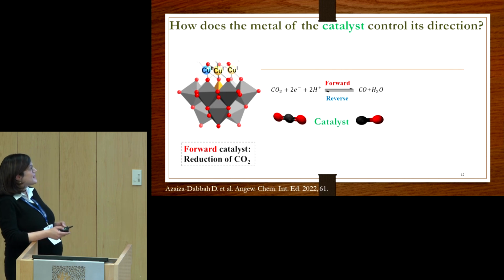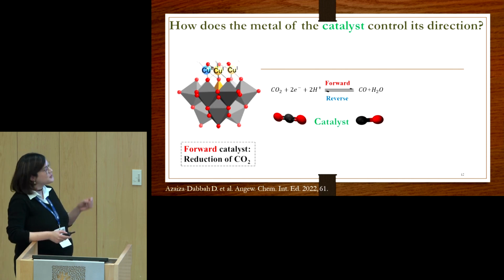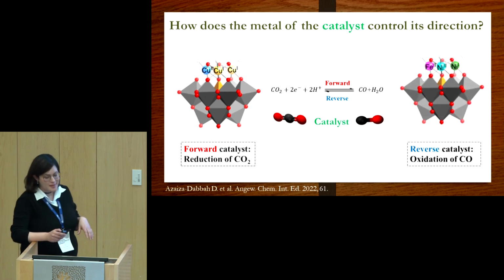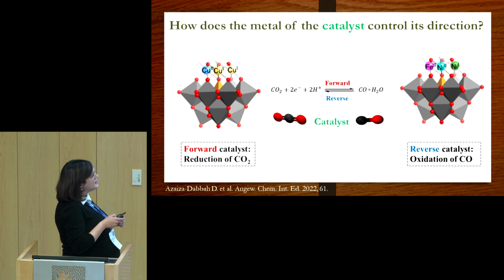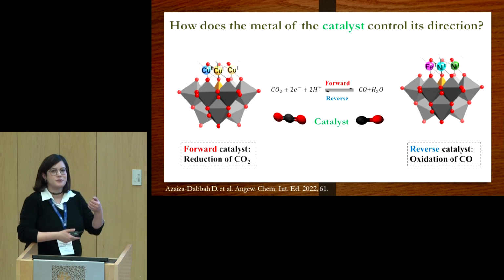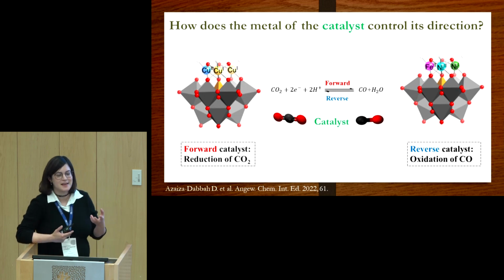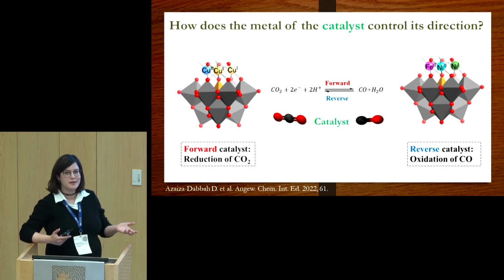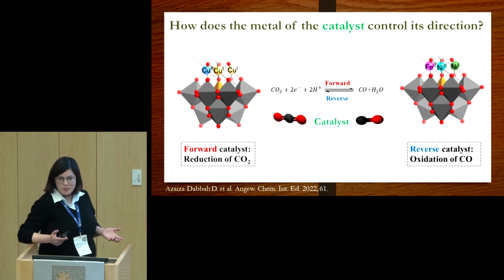And the interesting thing, when we checked the next catalyst, which contained the iron nickel, like the enzyme from nature, and we bubbled CO2 and checked the products inside the cell, we just found CO2. And that was strange. What happened here?